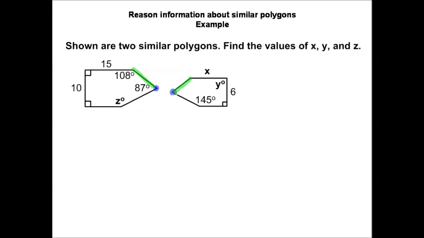They match up. Then that tells me this angle will be the same as that angle. And then I just move around. This side is going to go with that side.